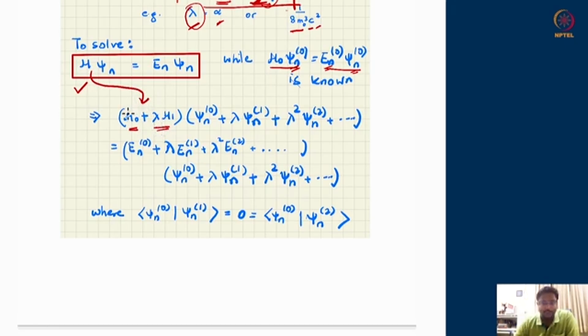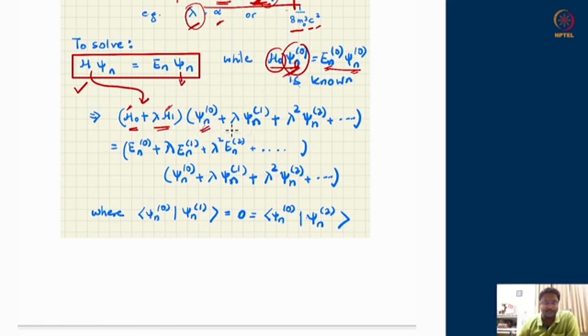And I know that once I have changed the Hamiltonian from being just H naught, the correct eigenstate can no longer be only psi n naught. Psi n naught was an eigenstate of H naught. It can rarely so happen that it is also an eigenstate of the full H. Unless H naught and H1 commute, it is not going to be the case that psi n naught is also an eigenstate of the full H. So the correct eigenstate psi n should be different from psi n naught.